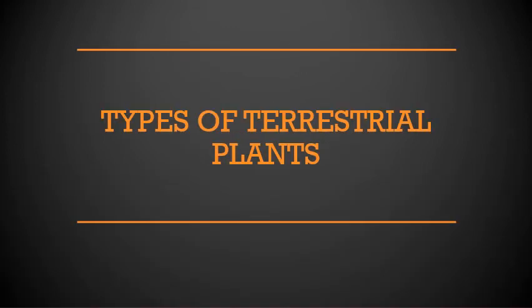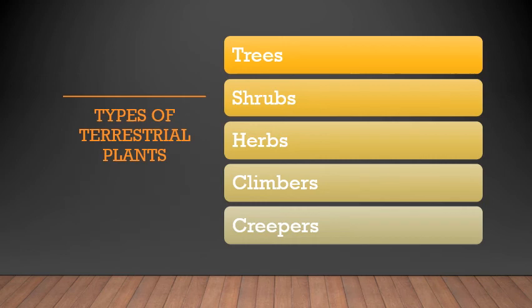Now we are going to see what are the different types of terrestrial plants, the different plants that grow on land. Trees, shrubs, herbs, climbers, creepers. Let me read the spellings for you.